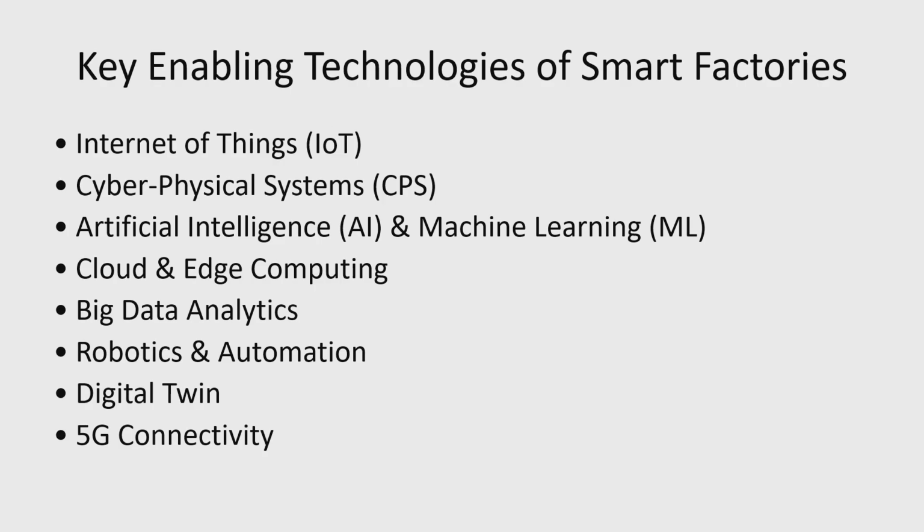So CPS is basically cyber plus physics, where cyber means computer related, internet related things, and IoT means internet, which symbolizes connectivity, and another word is things, that means things are interconnected. So key enabling technologies of smart factories are the Internet of Things, cyber physical systems, artificial intelligence and machine learning, then cloud and edge computing.